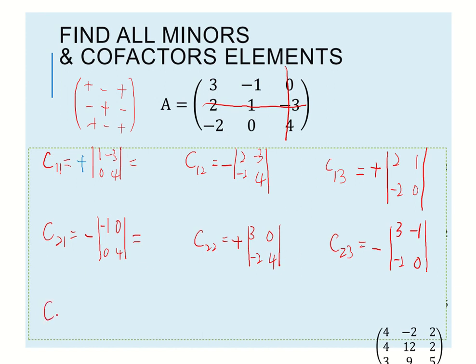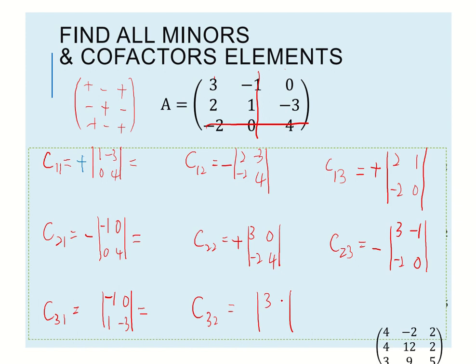Then we have the third row, the first column. We delete the third row and the first column, so we have negative 1, 0, 1, negative 3. Then we have 3, 2. Again, we delete the third row, the second column.